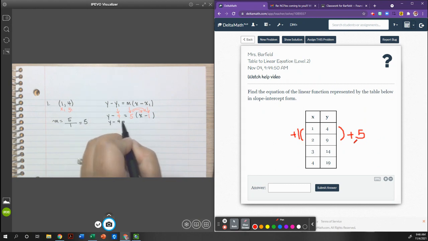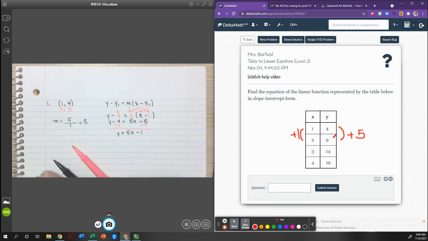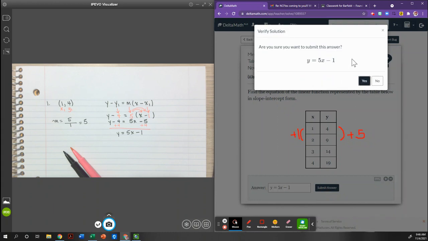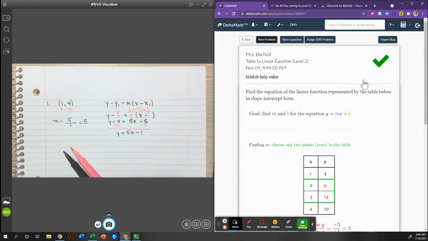So y minus 4 equals 5x minus 5. And I'm going to add 4. So I get y equals 5x, negative 5 plus 4, minus 1. So if I type that in, y equals 5x minus 1. Submit my answer. I'm good to go.